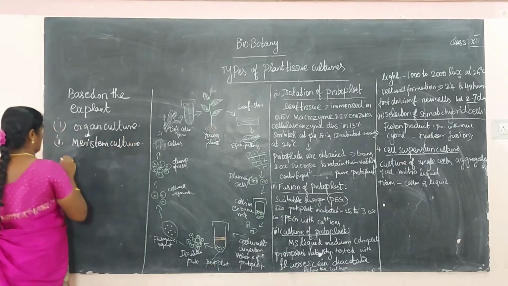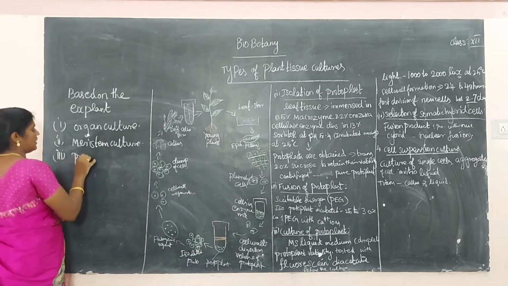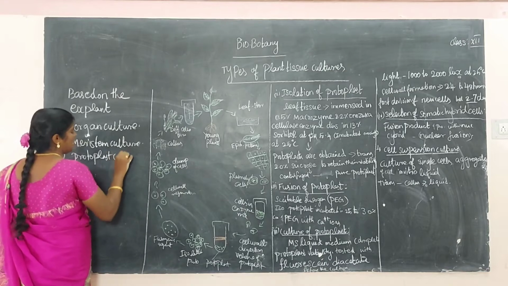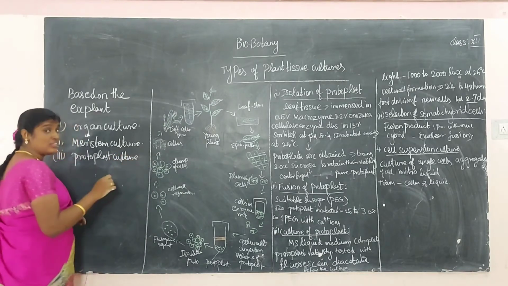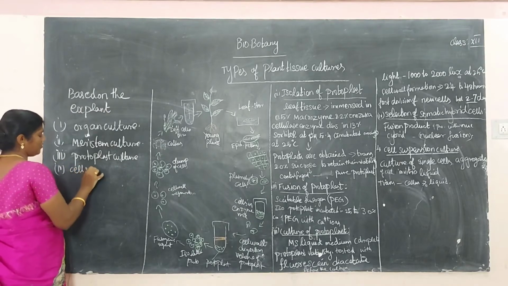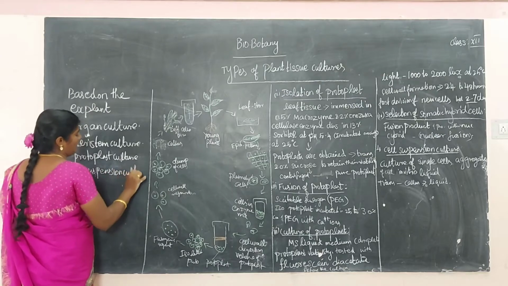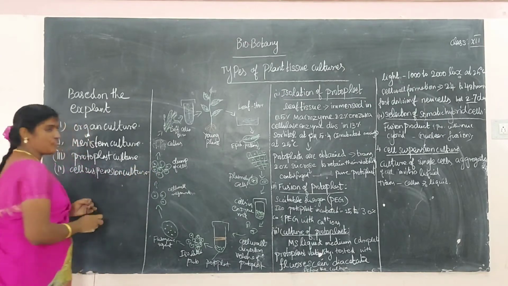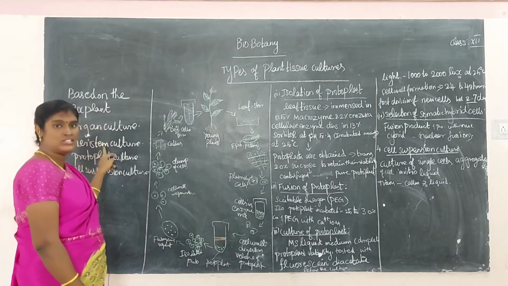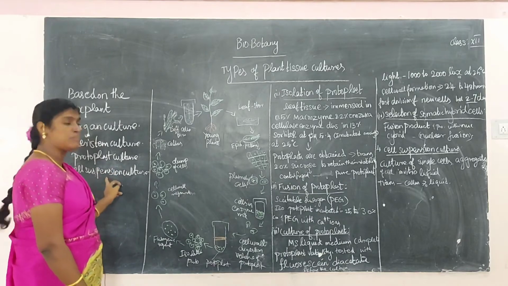The third technique, protoplast culture. The fourth one, cell suspension culture. Let us see them one by one. What are the four types? First, organ culture. Second, meristem culture. Third, protoplast culture. Fourth, cell suspension culture.